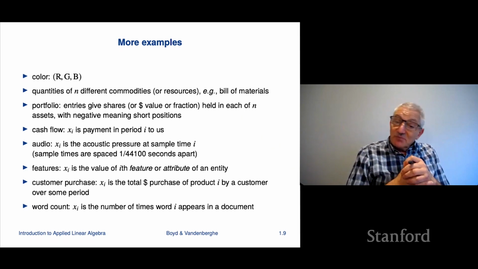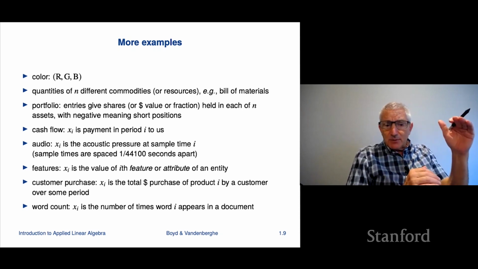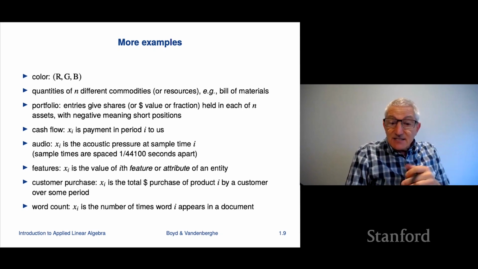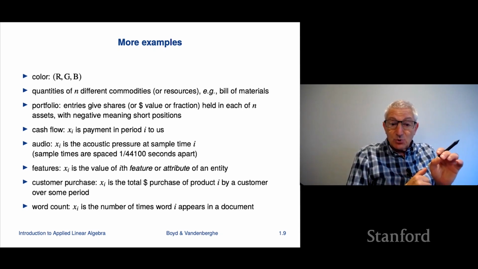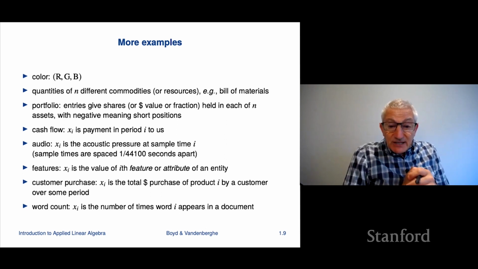For example, the first unit vector, E1, depends how you scale it, but I'm going to scale them so that 1 means maximum intensity, 0 means off. In that system, E1, which is the vector 1, 0, 0, is the color pure red. Then E3 is pure blue.